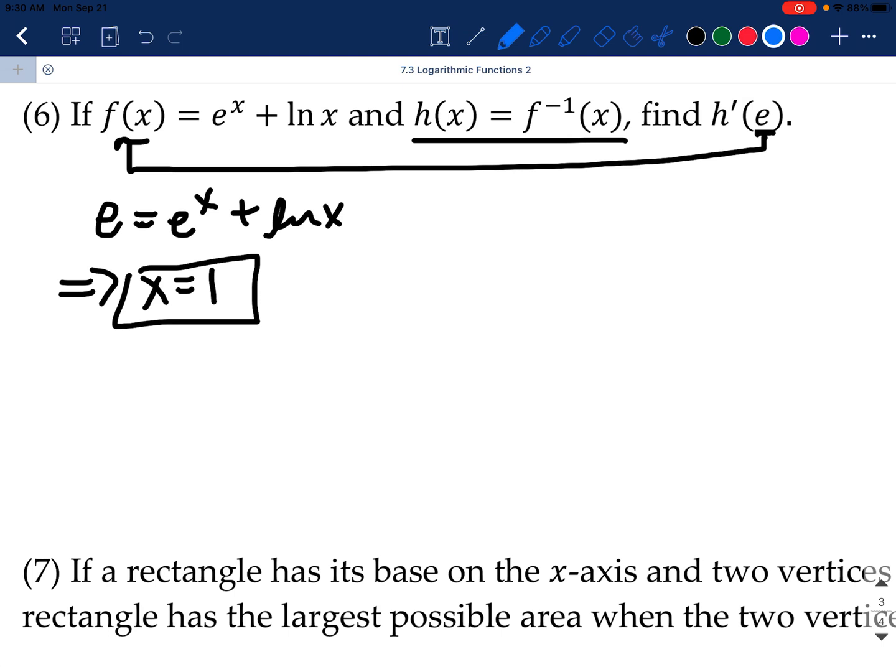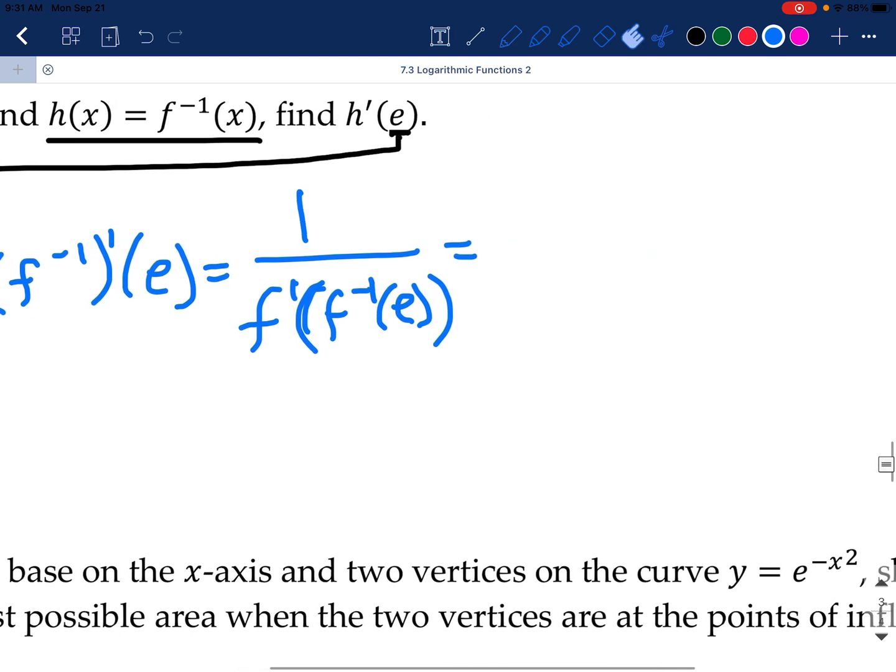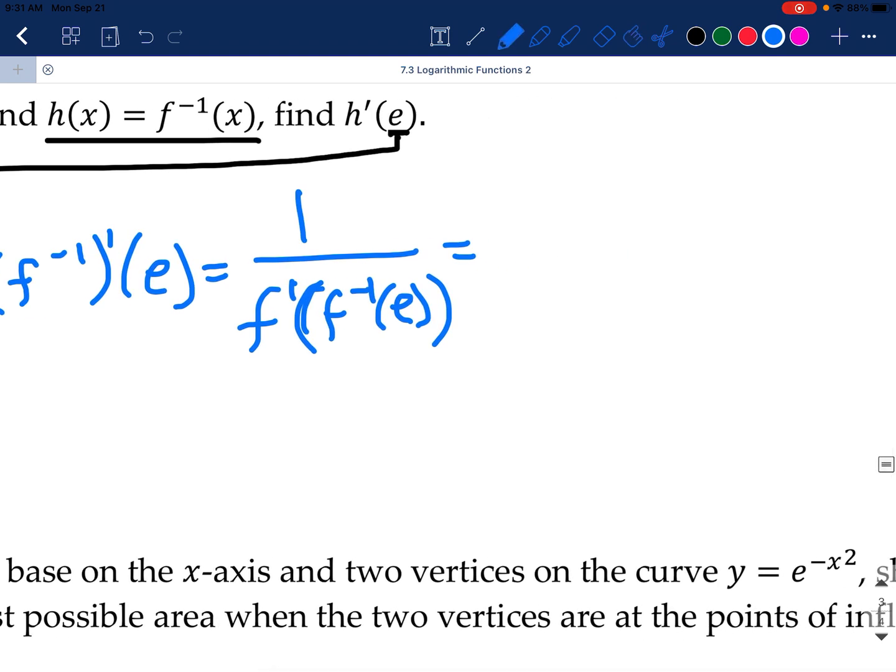So then the derivative, f inverse prime of e, is going to equal 1 over f prime of f inverse of e, which is going to equal 1 over f prime of 1.